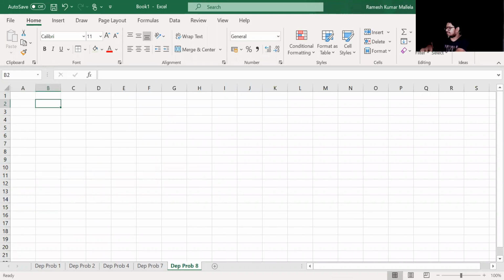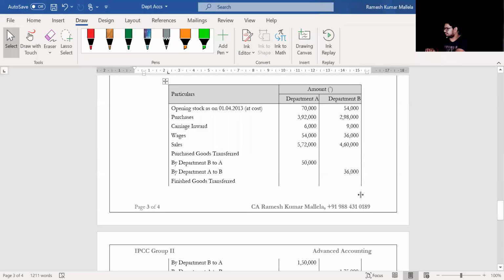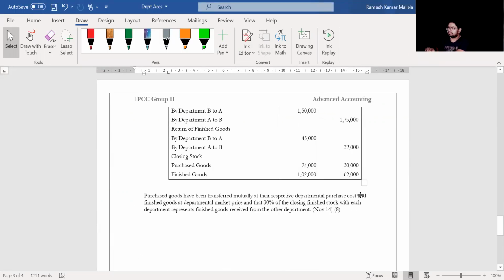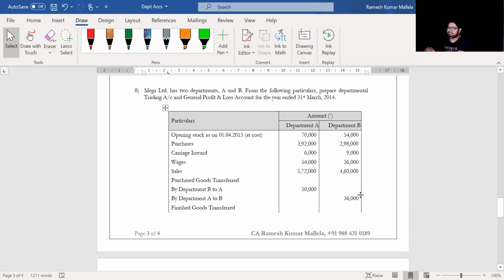Now, if you observe in the question, he says there is opening stock, there is purchases, every detail is given.